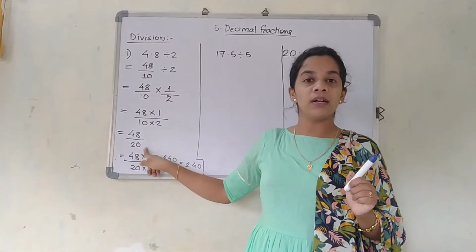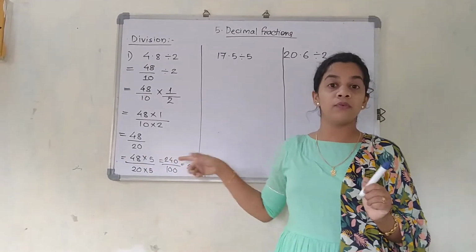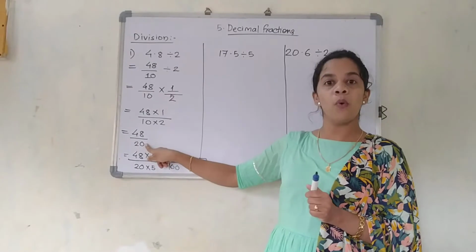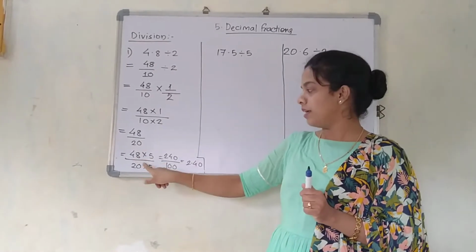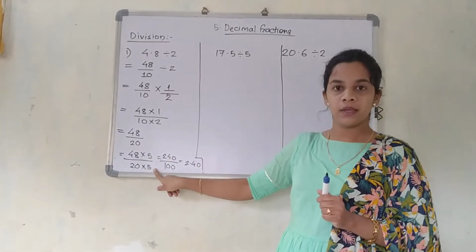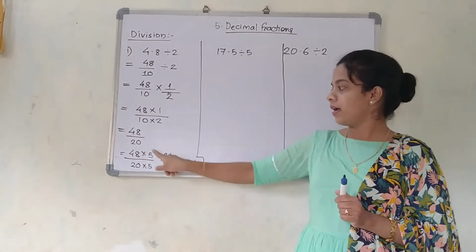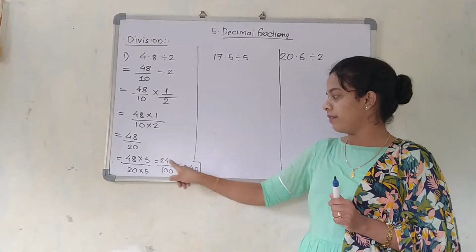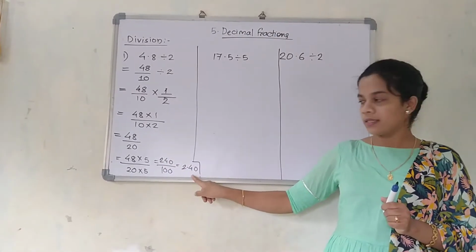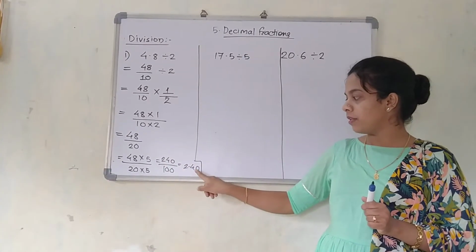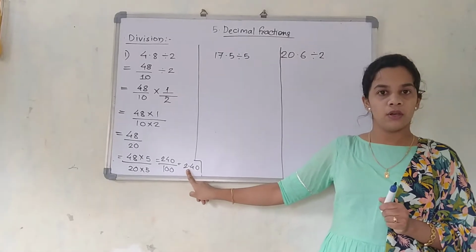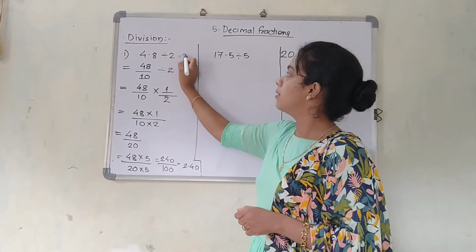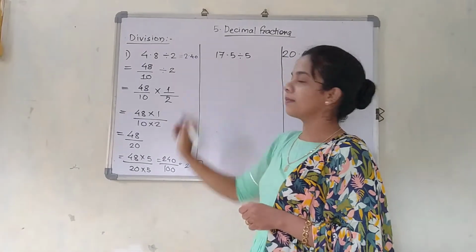Now 20 is not a decimal fraction, not the answer I expected. So I have converted this 20 into 100. How? I have multiplied both sides by 5. 20 times 5 is 100 and 48 times 5 is 240. 240 upon 100, I have written down the numerator as it is. Here were 2 zeros, so I have given the point after two numbers. So my answer is 2.40. So you can write over here, the answer is 2.40.